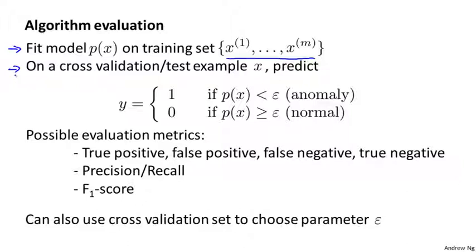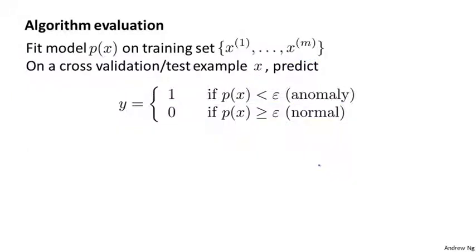On the cross-validation or test set, given a test example x, think of the algorithm as predicting y equals 1 if p of x is less than epsilon, and predicting 0 if p of x is greater than or equal to epsilon. So given x, it's trying to predict the label: is it y equals 1, corresponding to an anomaly, or y equals 0, corresponding to a normal example?